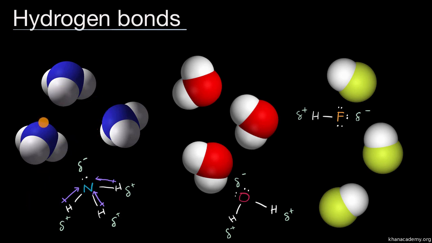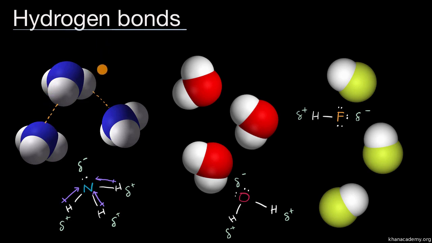The nitrogen end right over here of this ammonia could be attracted to one of these hydrogens that has a partially positive charge right over there. Or this hydrogen, the partial positive charge, might be attracted to that nitrogen that has a partial negative charge. And this attraction between the partial positive hydrogen end and the partially negative end of another molecule, those are hydrogen bonds.